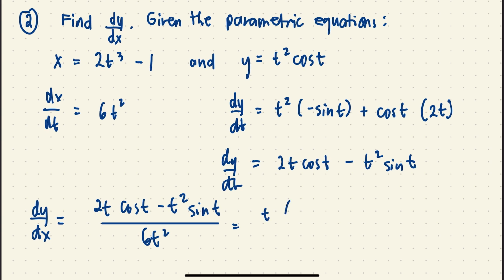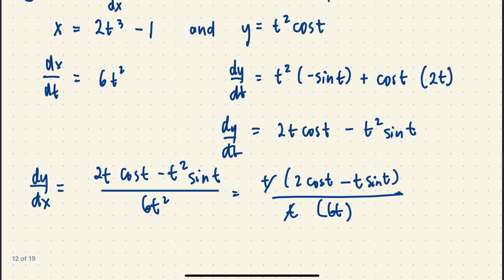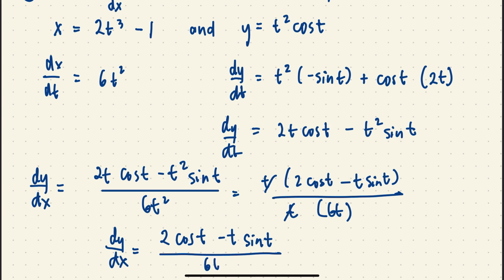You'll have t times 2 cos t minus t sine t all over 6t times t. So the final answer, dy over dx, will now be 2 cos t minus t sine t all over 6t. It's now your final answer.